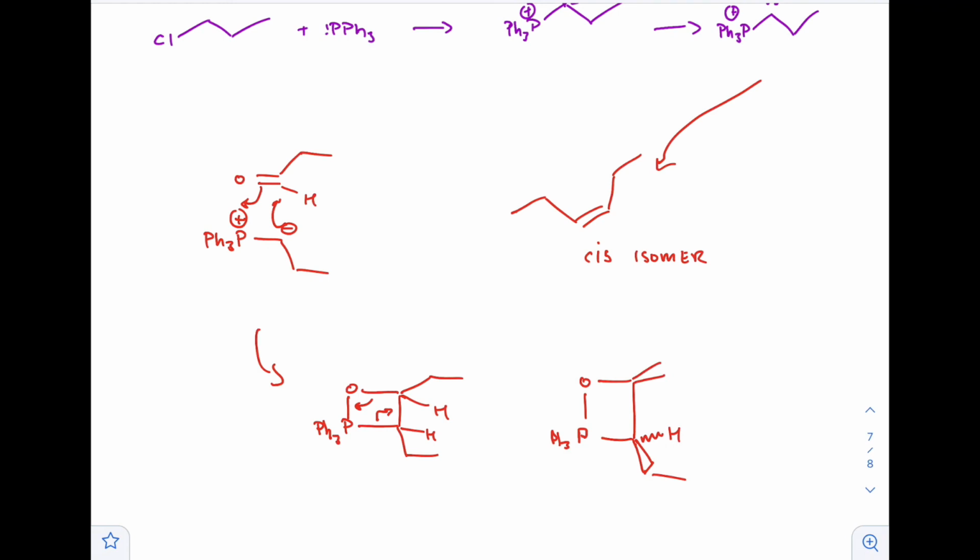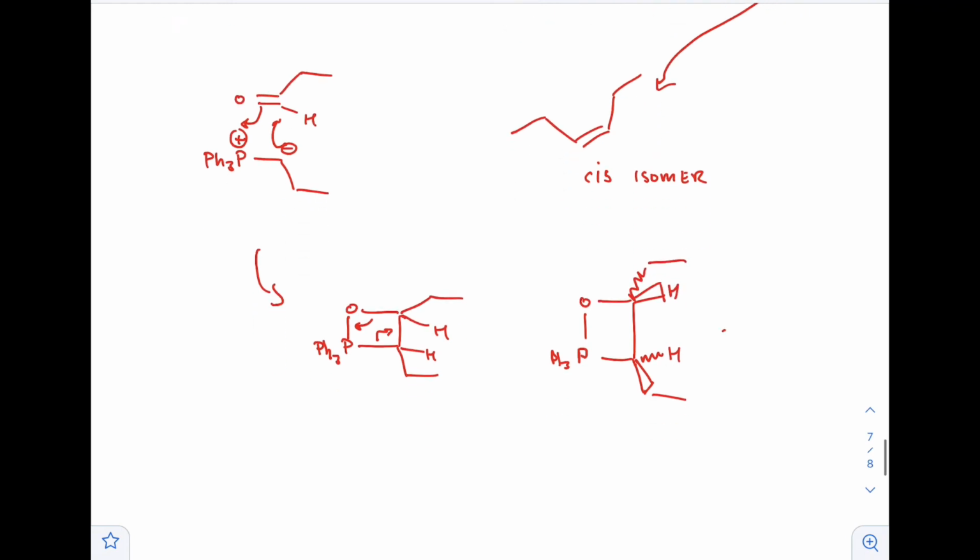Okay, so if the phosphonium ylide attacks and we end up getting the hydrogen poking out at us on the top part and the hydrogen pushed away on the bottom part, that would give us one isomer. Let's see, we'll just push the hydrogen, swap it out, put it on the other side.